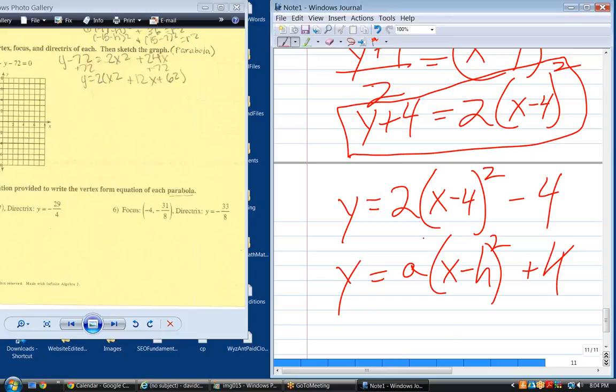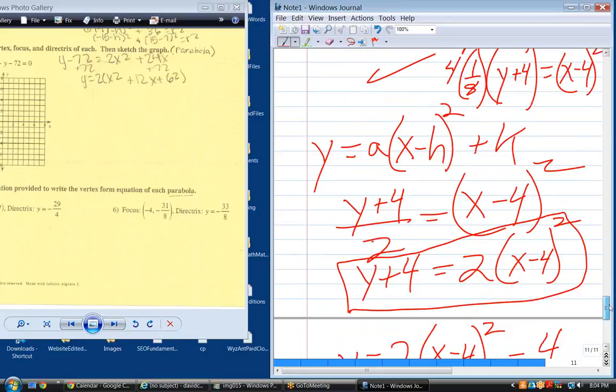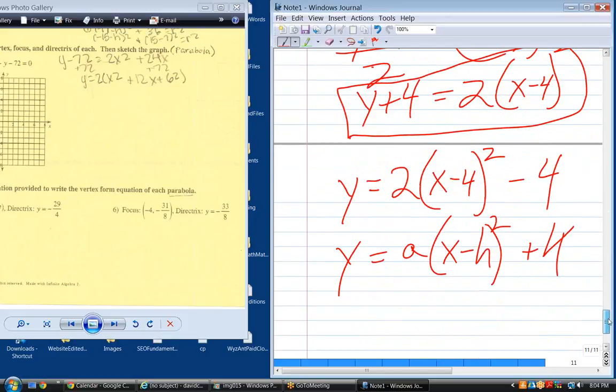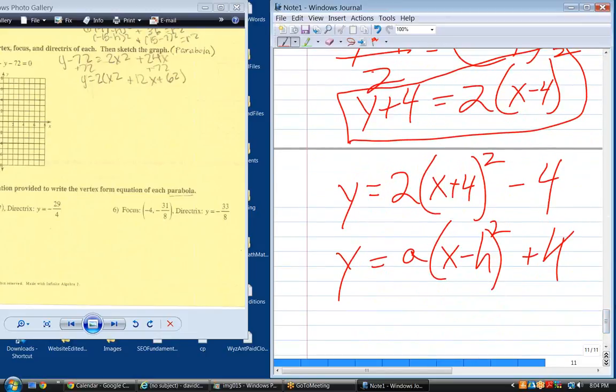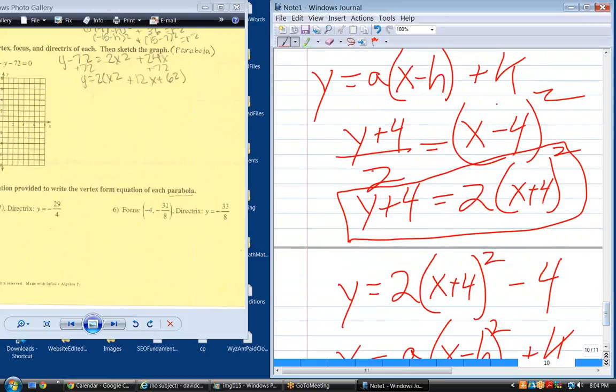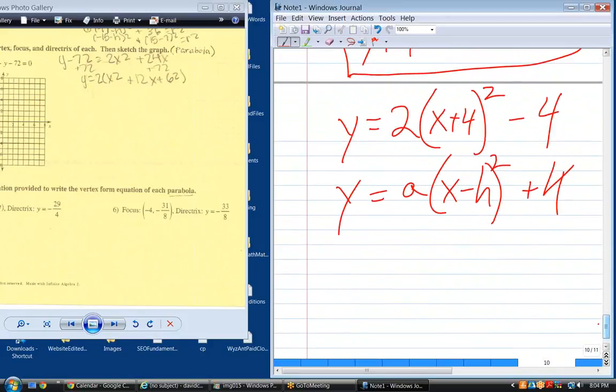Well, a is 2, h is 4, k is minus 4. Ooh, hold on. H was minus 4, wasn't it? Yeah. H was plus 4. So that should be x plus 4. Always. So here's our equation. And in fact, yeah, no, the minus 4 is correct for k.